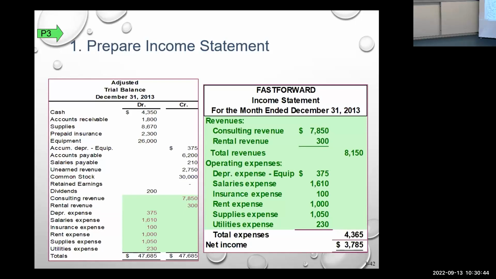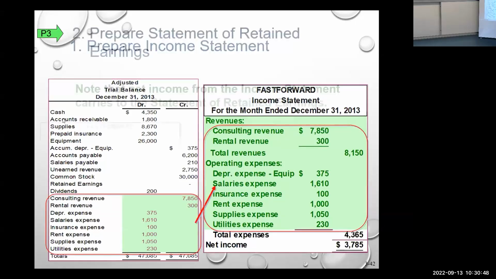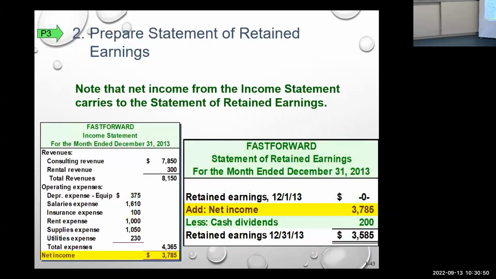Fantastic, that's gonna be next. You're gonna take the net income and make the statement of retained earnings. On your midterm, key in on this statement of retained earnings because it's easy points, you get partial credit. If you just know these three columns, you get half the credit. You get retained earnings plus net income minus dividends gives you ending retained earnings.